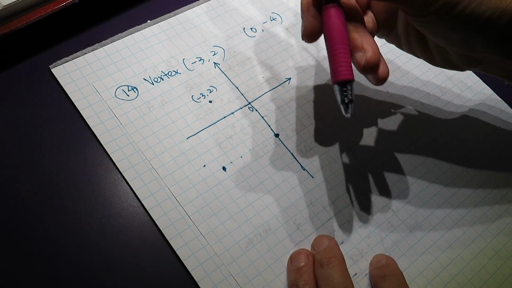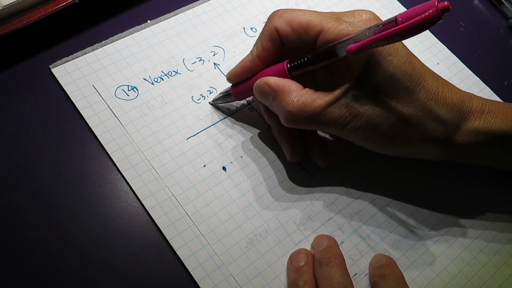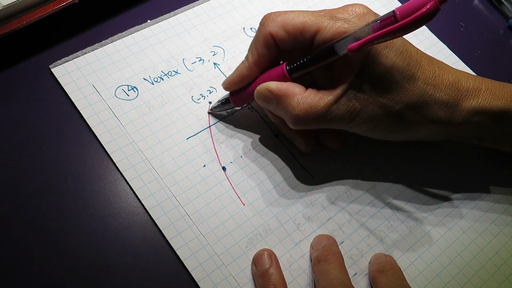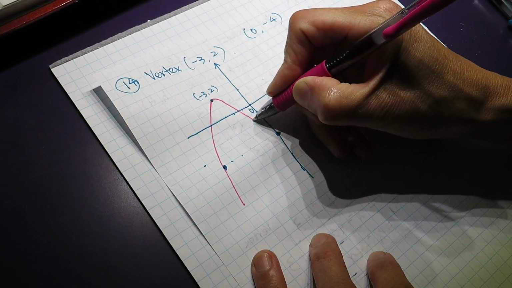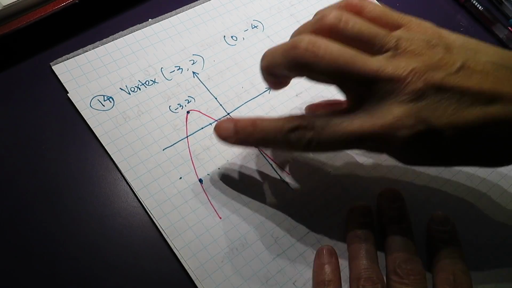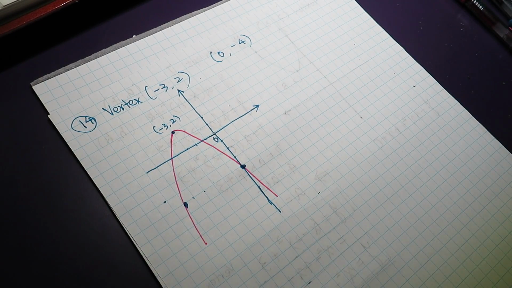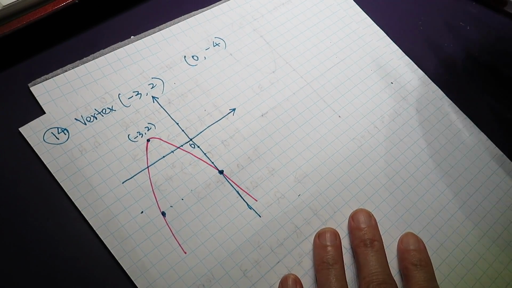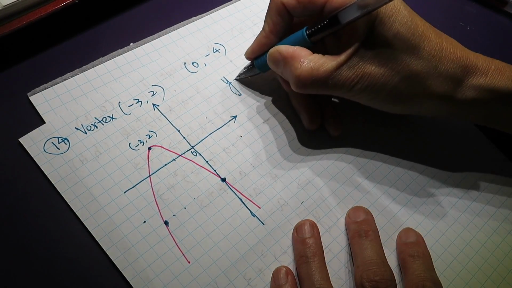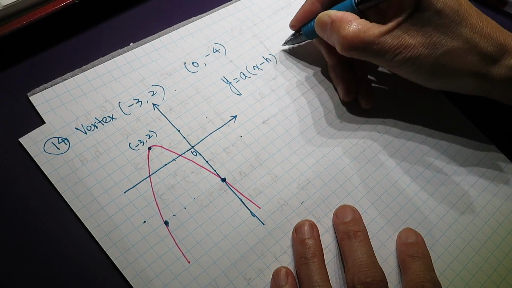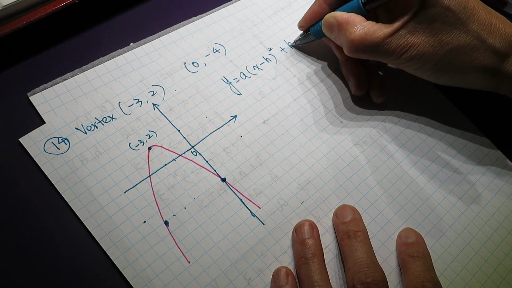Use a beautiful pink. So this is the parabola, and now we are going to figure out its formula. y equals a times (x minus h) squared plus k.